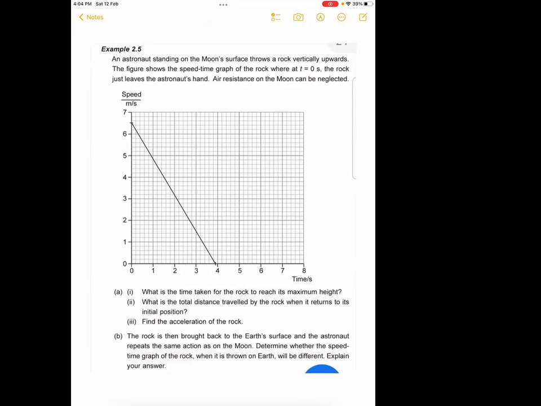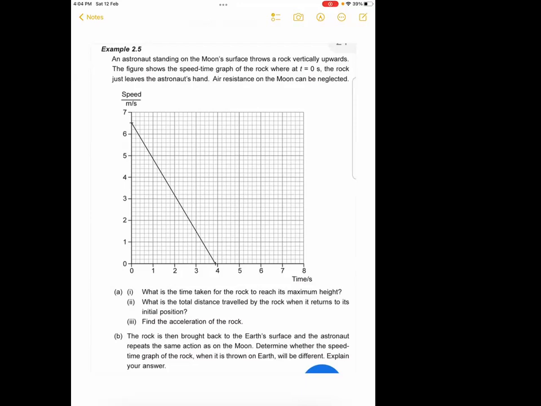I put 0, right? The astronaut actually throws the rock vertically upwards, so not really. Why will it be 0? Because the speed is the greatest here, it's 6.5. No, not really.